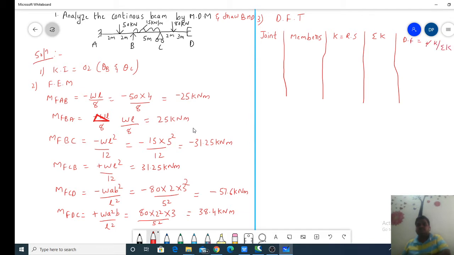First, B is the intermediate support, with members BA and BC.